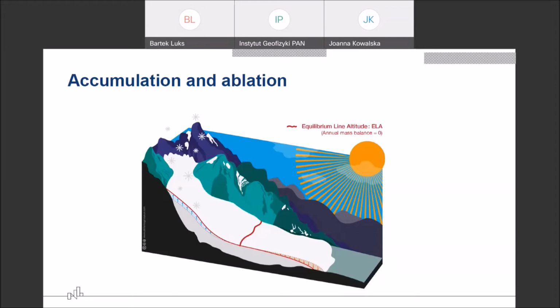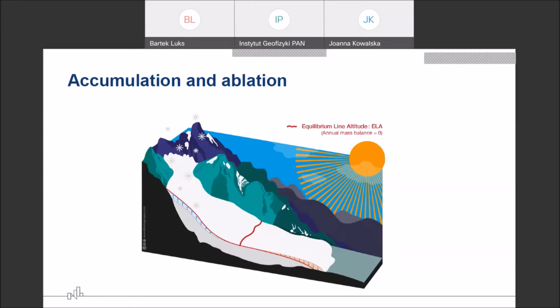The process of accumulation means that snow accumulates. It starts in late autumn and then stays till, depending on the area, January, even March, sometimes in the Arctic, even April or beginning of May. Snow accumulates, which means it's constant snowfall. Snow is falling and falling and falling.